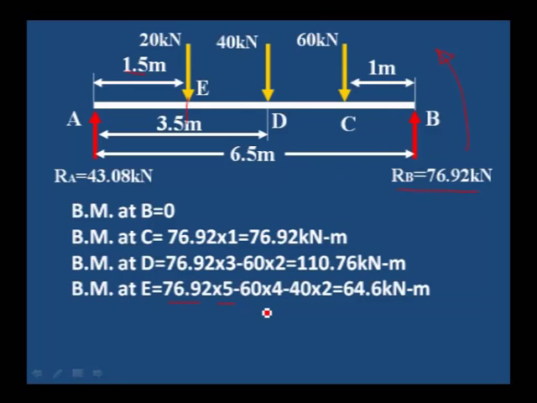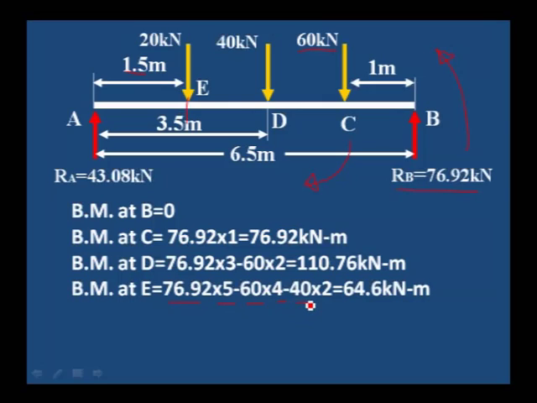Then 60 kilonewton, this is clockwise, into distance from C to E. C to E is total distance 6.5 minus 1, that is 5.5, minus 1.5, 4 meter. 60 into 4, the distance from E to C is 4 meter.